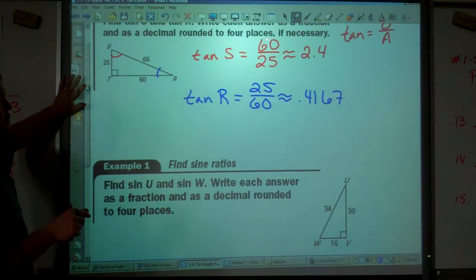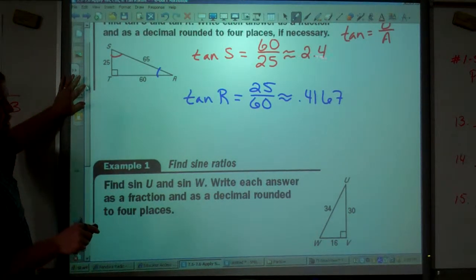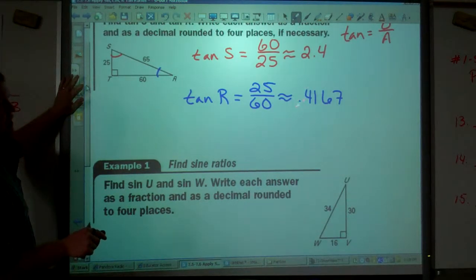Again, rounded to 4 places if necessary. That one was exactly 2.4, so we stop. This one's not an exact number, so we're rounding: 0.4167.